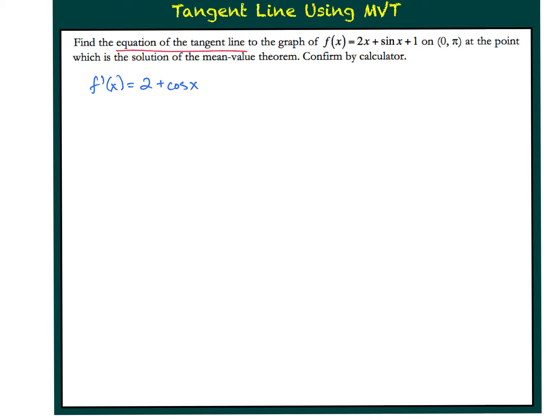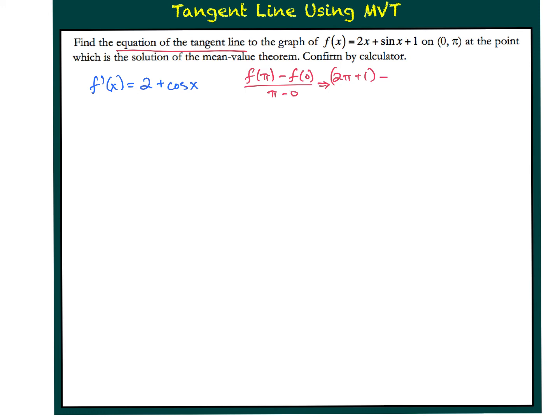Now I need to find the algebra slope. So now I need to find f of pi minus f of 0 over pi minus 0. Good thing we know our unit circle. Substitute in pi: 2 times pi is 2 pi, and the sine of pi is 0, and then plus 1. So I got 2 pi plus 1.